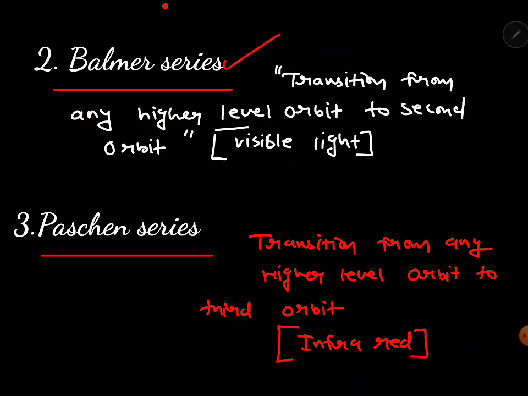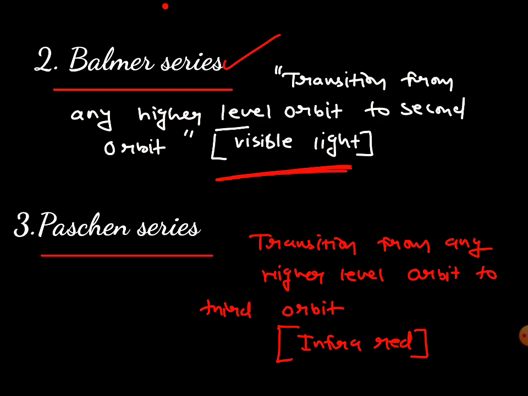This contains visible light. Whenever the electron makes a transition from a higher orbit to the second orbit, the energy released comes under the Balmer series. This is the only series of electromagnetic waves emitted by the hydrogen atom which is visible.